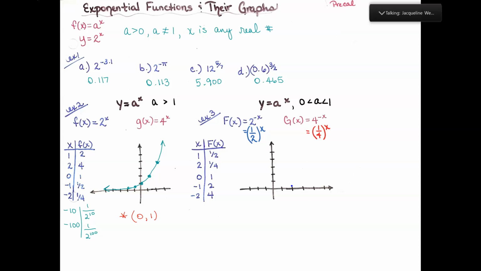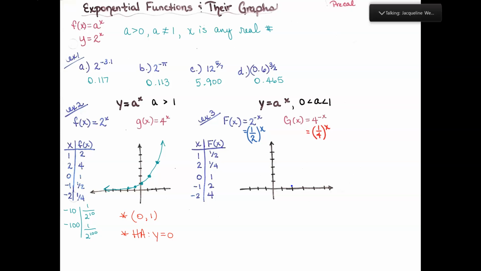Actually, there are two landmarks that we're going to use for graphing our exponential functions, and one of them is going to be that horizontal asymptote at 0. The other one is going to be a y-intercept at 1. Why would I always have a y-intercept at 1 for my base function? What's giving me that 1? 0.